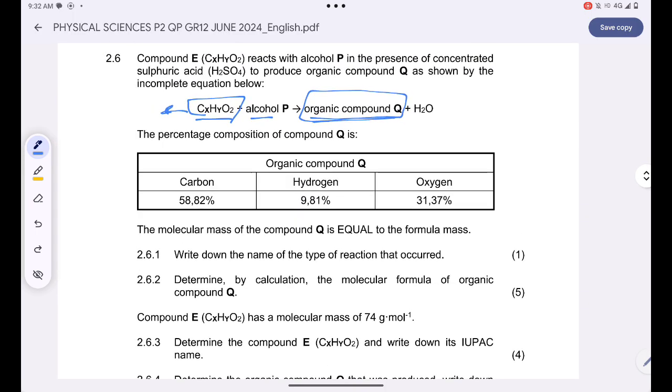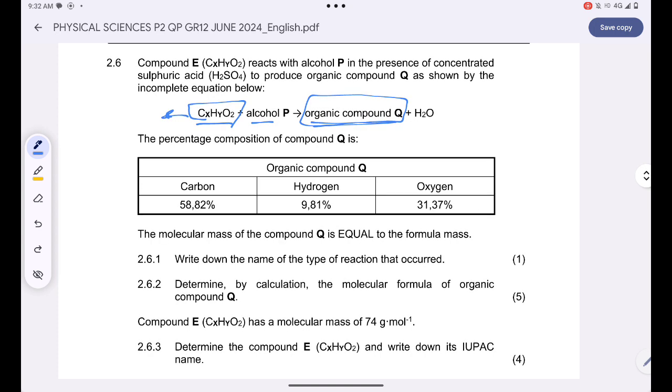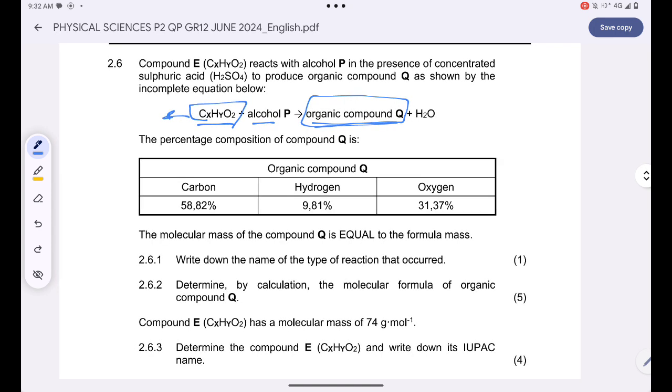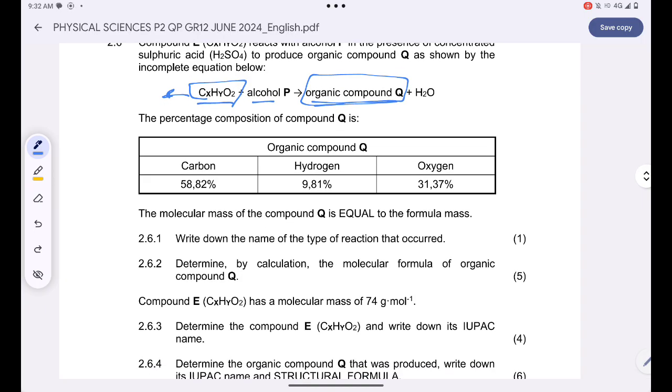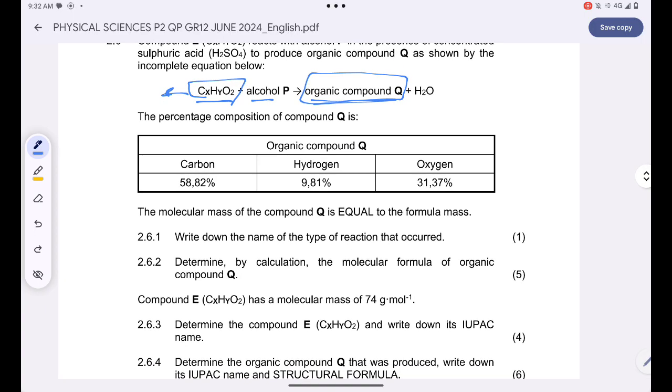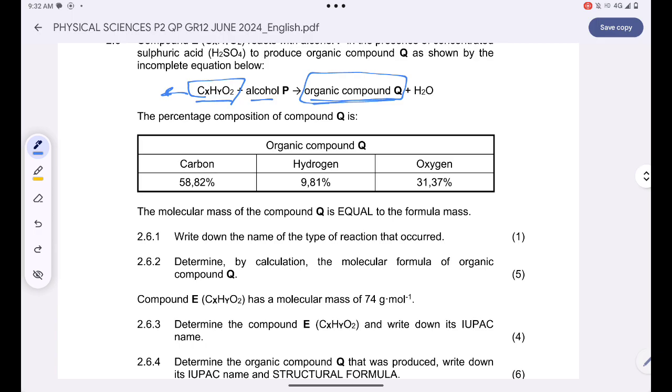Then we are told that the percentage composition of compound Q is given below: 58.82% of carbon, 9.81% of hydrogen, and 31.37% of oxygen.